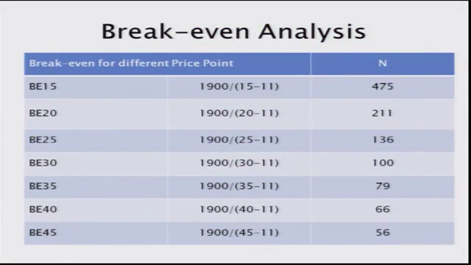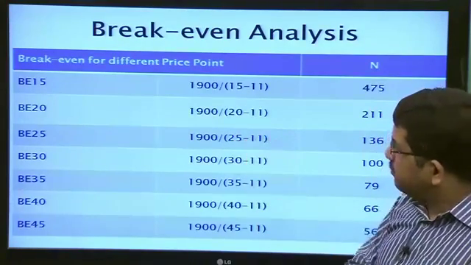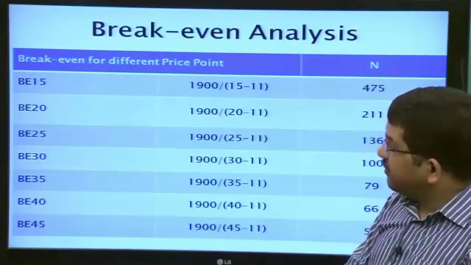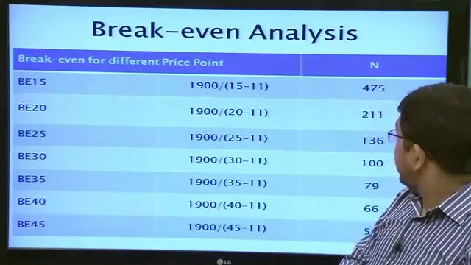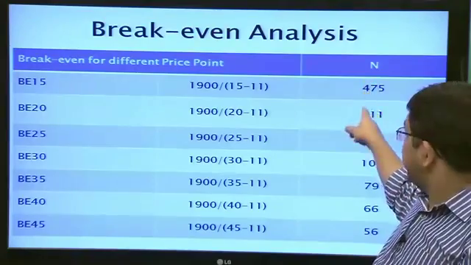Now, understanding that my price has to be at least $11 to get some contribution margin to recover the fixed cost, I have calculated the break even point for different price points. Suppose I price this product at $15 per unit, then I need 475 units to break even.